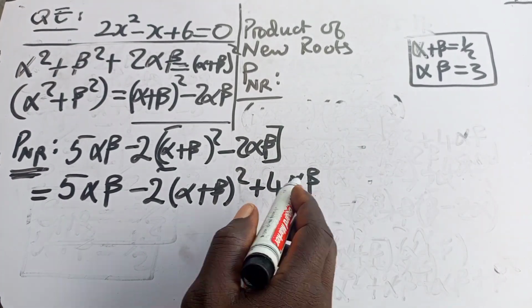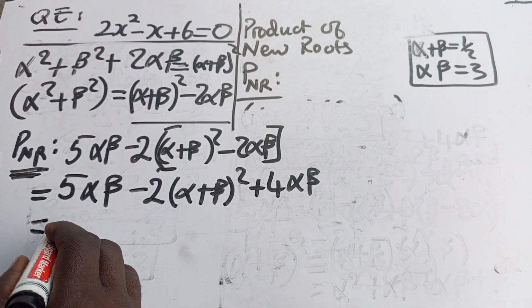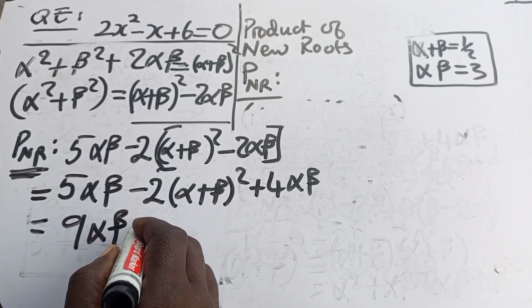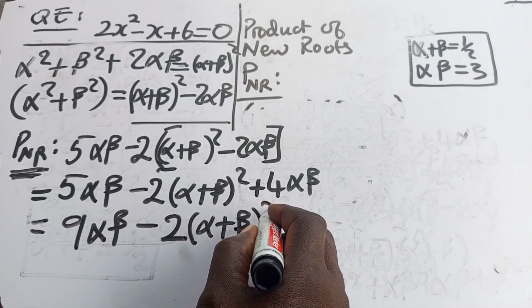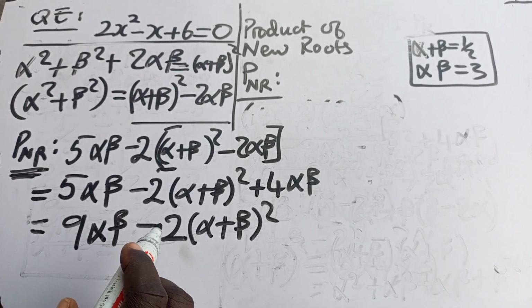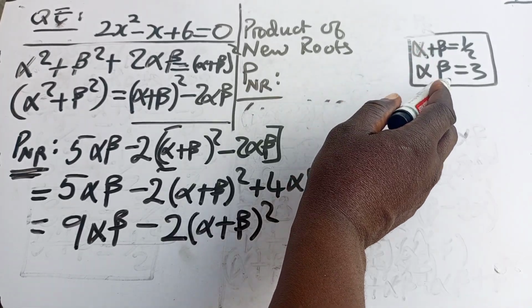All right, this is 4 alpha beta, 5 alpha beta, so we add them up since they are like terms. It's going to give us 4 plus 5 is 9. 9 alpha beta minus 2 into alpha plus beta all squared.